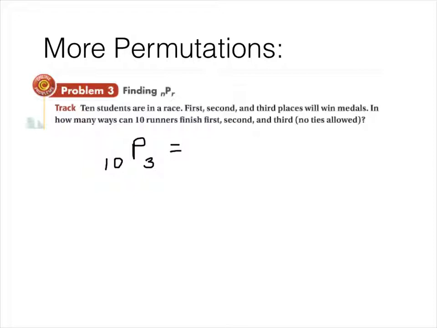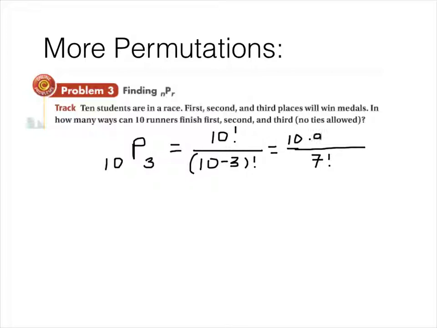So this time, it is a little different. We've got our 10 factorial on the top. It's n factorial over n minus r factorial. So 10 minus 3 factorial. And this is what you're going to do with these. You're going to start off by, well, what's the denominator? 7 factorial. Remember that if I start writing out 10 factorial, it's 10 times 9 times 8 times 7 times 6, but 7 times 6 times 5 times 4, that's just 7 factorial.